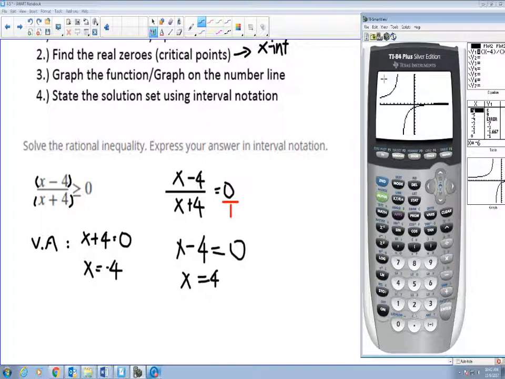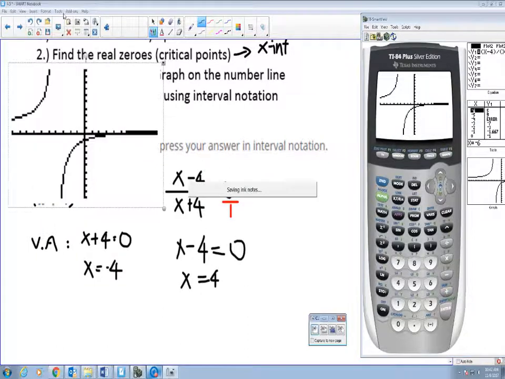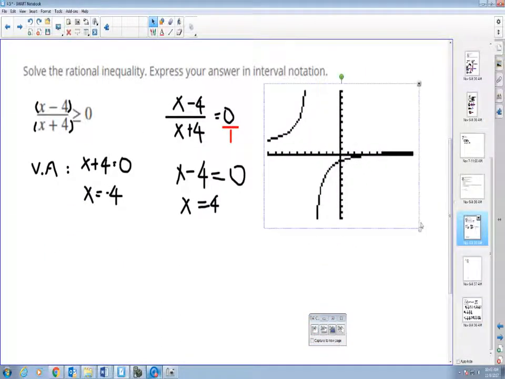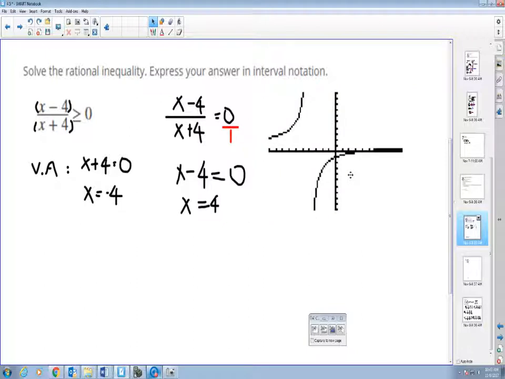Just like what I expected, one vertical asymptote divides my function into two parts. My vertical asymptote is at x equals -4. 1, 2, 3, 4. So I have a vertical asymptote right here.